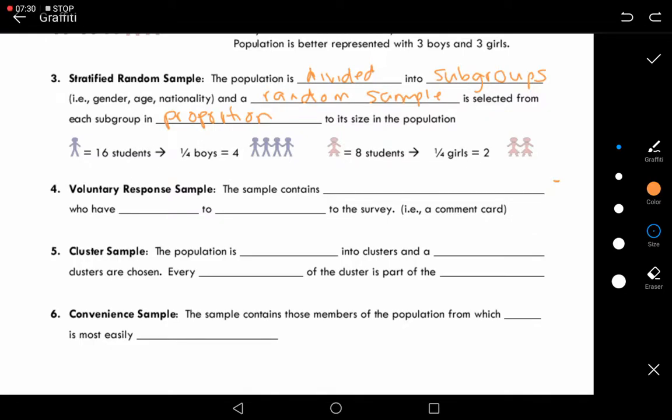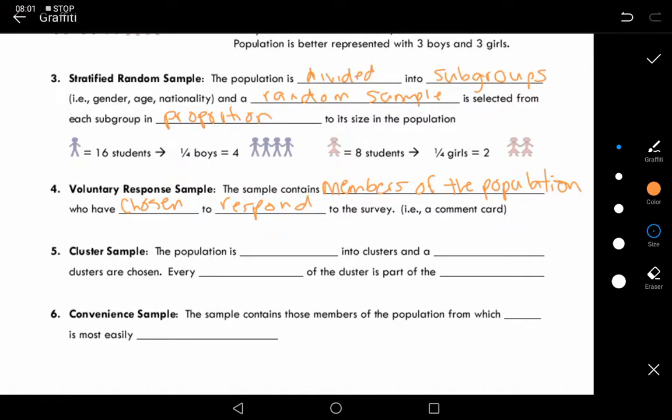Okay, fourth one, voluntary response sample. So this collection contains members of the population who have chosen to respond to the survey.